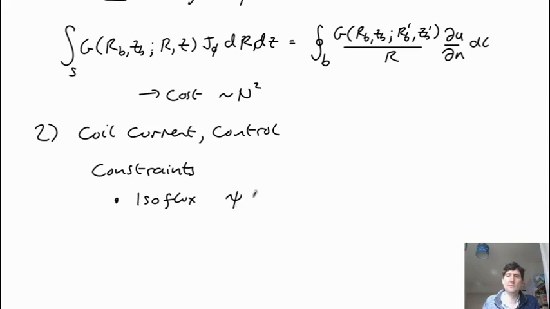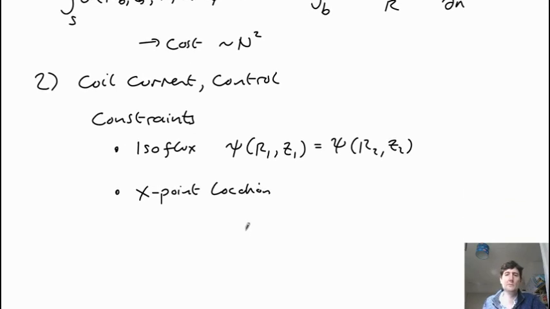So you just say that psi at R1, Z1 must be equal to psi at another location, psi at R2, Z2. This could be for specifying the shape of a plasma, so you might try to constrain the inner and outer edges of the plasma. Another constraint, you might want to set the X point location.